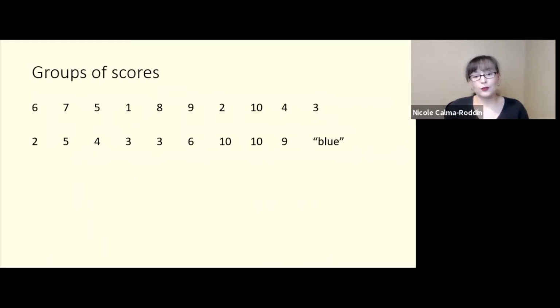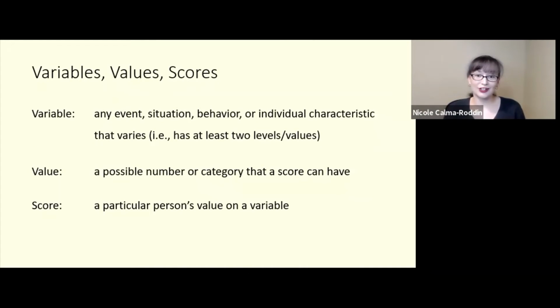When we think about groups of scores, oftentimes when we're looking at our data set, when we're maybe collecting data, we want to look at our first group of scores here and just make sure that these are possible values.